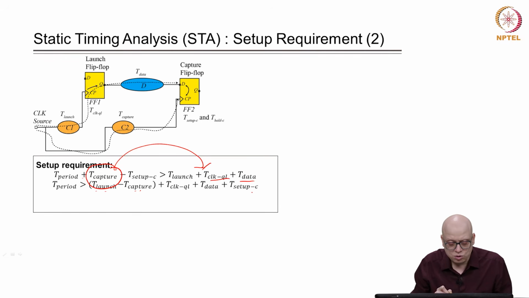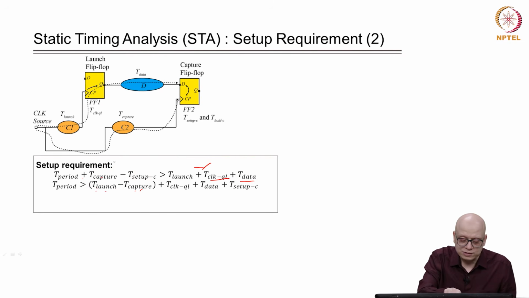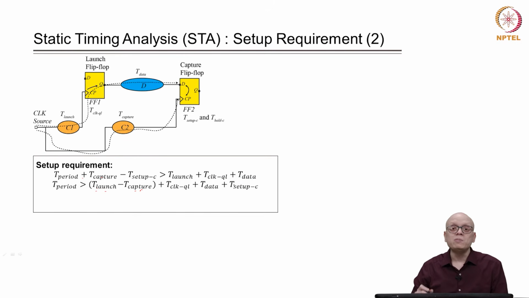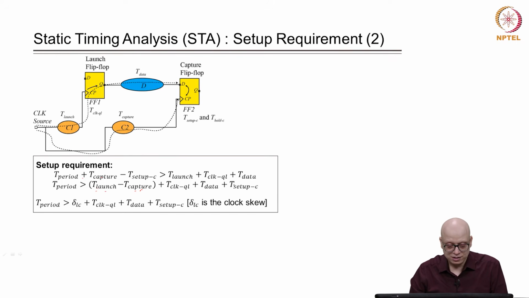So, what we have done is that we have moved T capture and also T setup to the other side. So, this gives us the constraint on the clock period, what will be the minimum value of the clock period that we expect, for which this constraint will be valid.